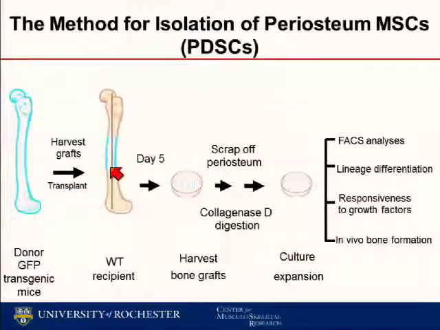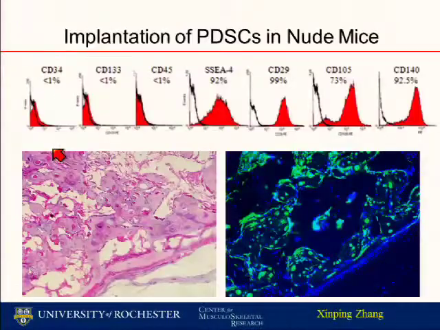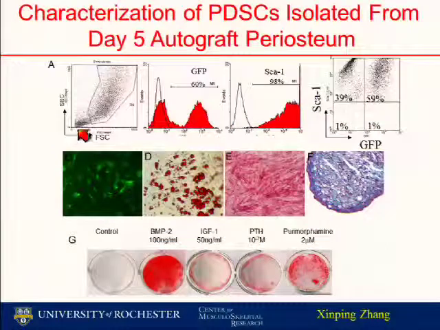And this is a case where we used a GFP donor mouse so that we could characterize the cell populations. And this shows an experiment where we use FACS analysis to get out specifically the GFP positive populations. In cell culture, they're green fluorescent cells as expected, but under different conditions, they can undergo differentiation into adipose cells, bone cells, and cartilage, and they respond to those types of signals that are involved in bone regeneration and reparative events.